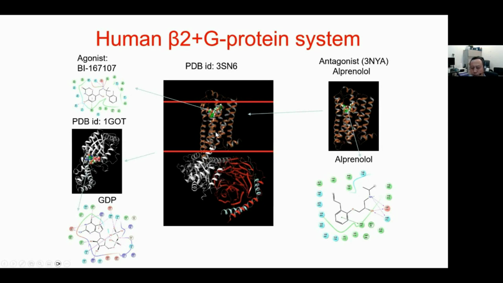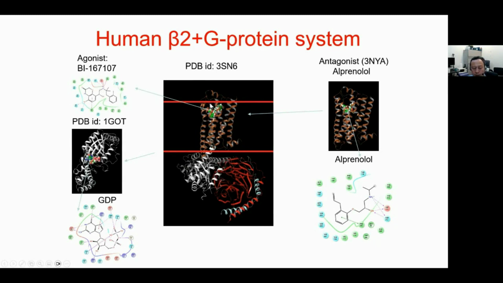Basically, it will not activate the G protein. But in this structure, we don't have the GDP. We do have some structures of G protein with the GDP. So you can imagine we can align this structure and transfer the GDP to here. And then we can put different kinds of ligands in here.